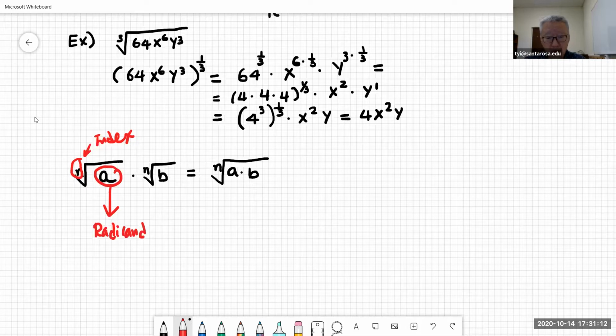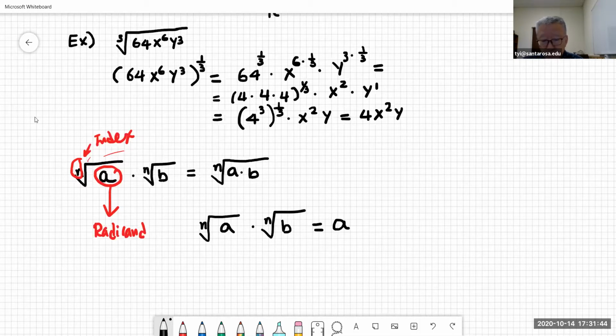If you have the same index and you want to multiply, then you're going to get the same index as itself. The reason is, let me rewrite this here. Let's say we have the n-th root of a times the n-th root of b. If I rewrite this using rational exponents, I have a to the 1 over n and b to the 1 over n.